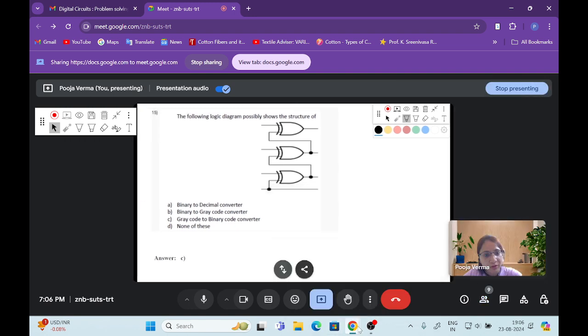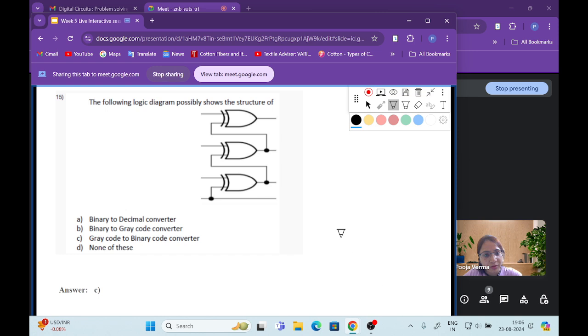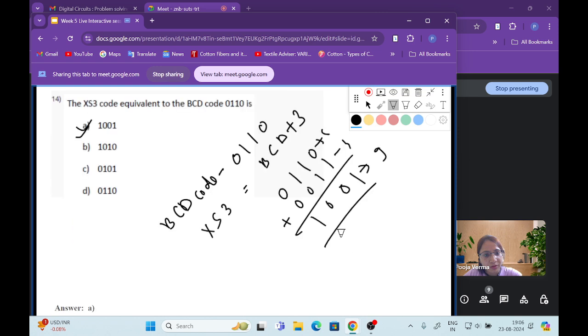In this example we got 9, which is 1001, but there may be a case where I get 1100, suppose. If you have gone through the video lectures, you have seen that the BCD code is written for 0 to 9, and the XS3 code is also 0 to 9, which is valid. We can add 3 up to 9, but beyond 9 of the BCD code the combinations are invalid.